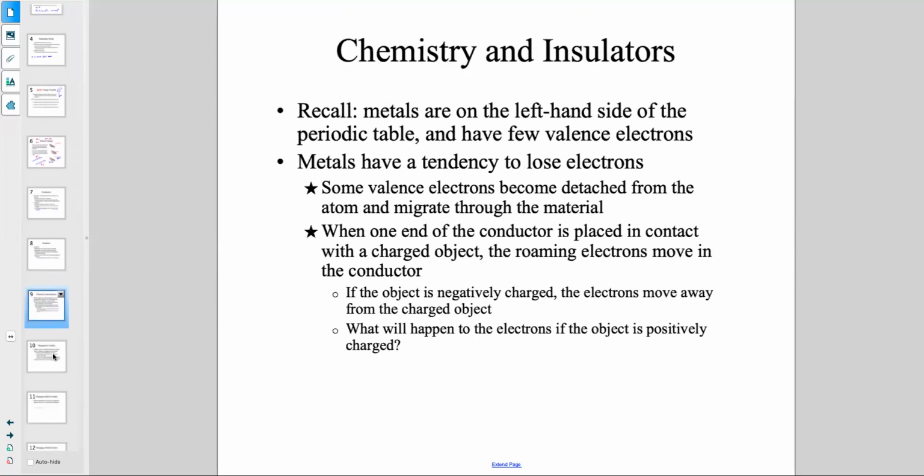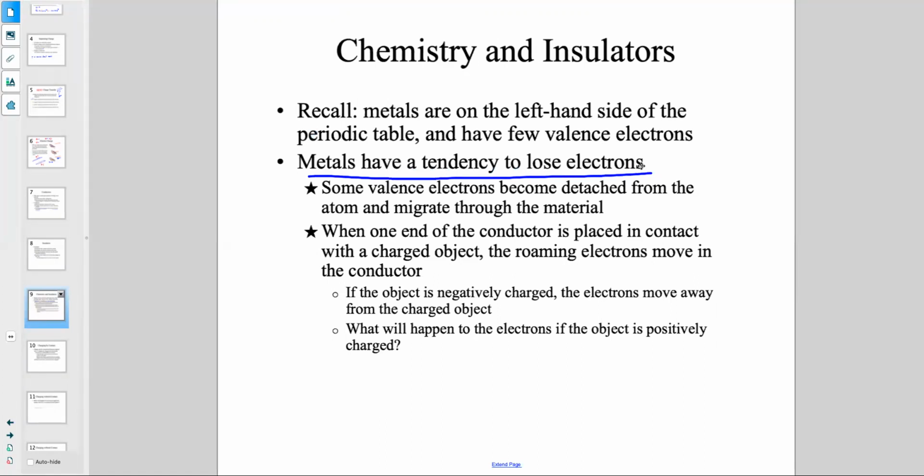So metals are on the left-hand side of the periodic table, okay? And because they have few valence electrons, metals have a tendency to lose electrons. So this is very important, okay? Some valence electrons become detached from the atom to migrate through the material.